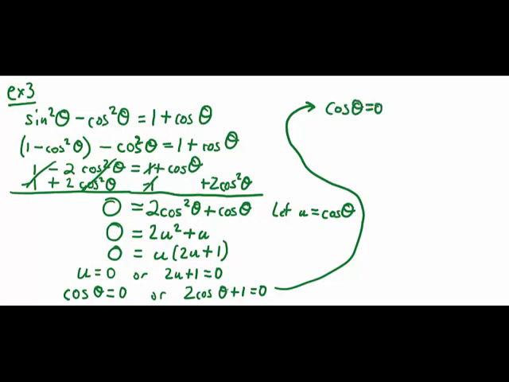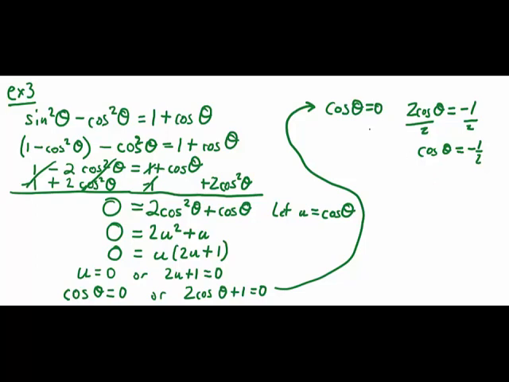And now I have 2 cosine theta plus 1 equals 0. And I substituted that back in pretty early because from previous problems in the work we've done, we can subtract the 1 from both sides. So 2 cosine theta is equal to -1. And we can divide everything by 2. And then cosine theta equals -1/2.